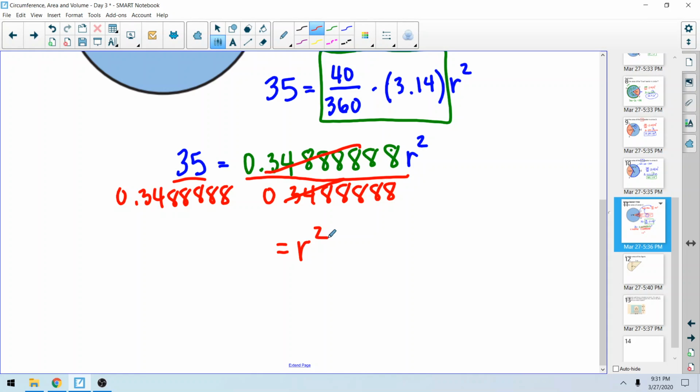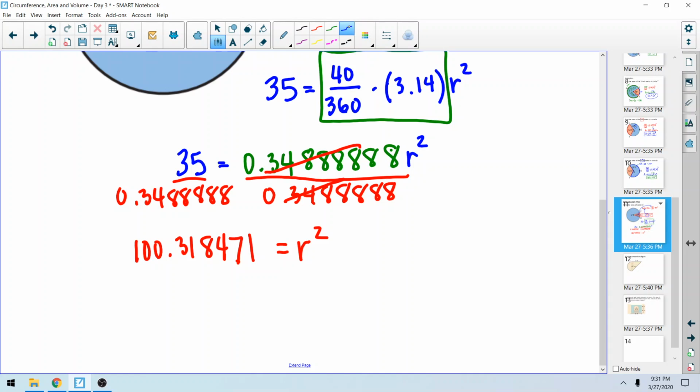On the other side, 35 divided by 0.3488888 gives me 100.318471 and a whole bunch of digits.